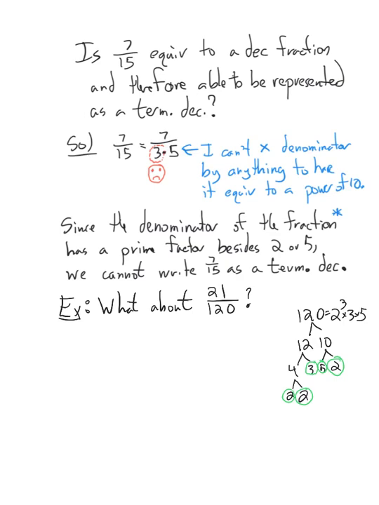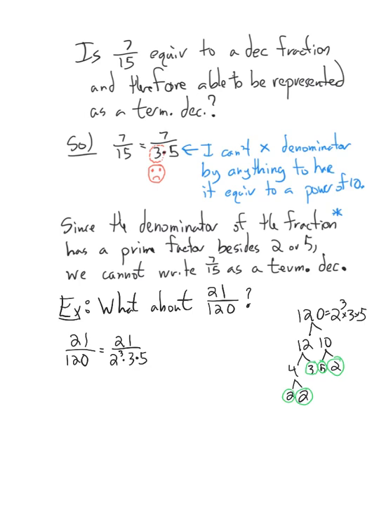But let me just write this down for a second. So 21/120 equals 21/2 cubed times 3 times 5. Now here's the thing. That 3, you could think, well, that stays around. It can't be written as a decimal fraction.